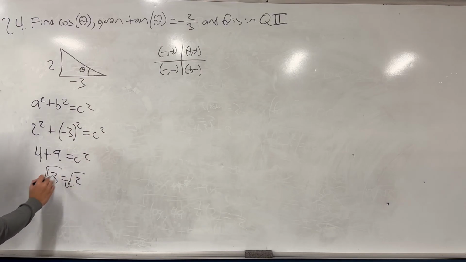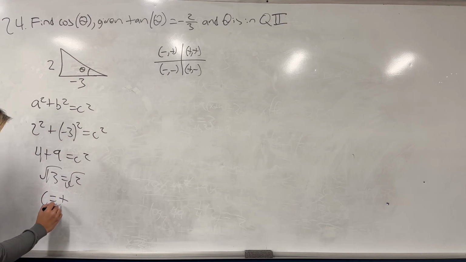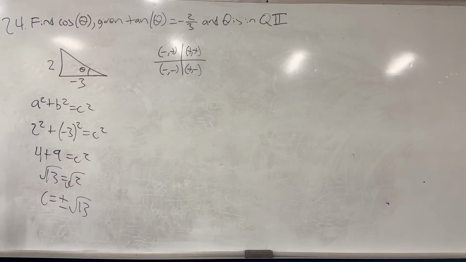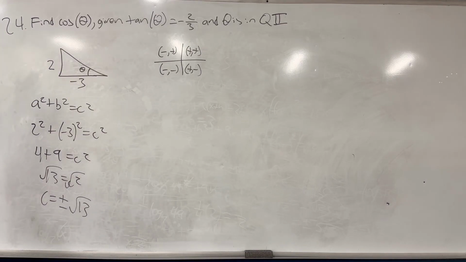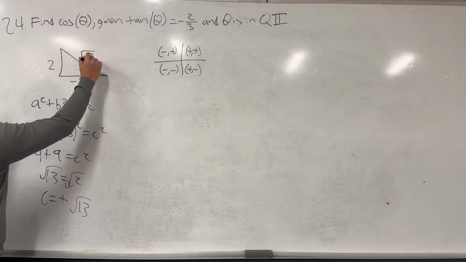Taking the square root of both sides, c is equal to plus or minus square root of 13. But remember, this is the hypotenuse, and the hypotenuse can only be positive. So just erase that negative, and we're left with square root of 13.